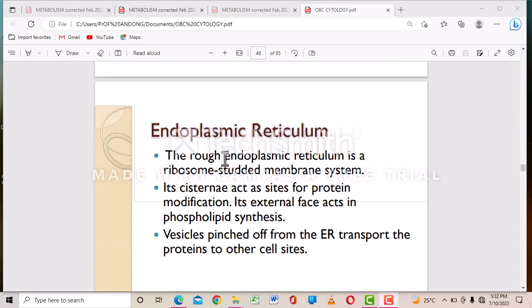Now, the rough endoplasmic reticulum is actually involved in folding of proteins formed from the ribosomes that are found bound to them. Now, these folded proteins are actually enclosed into vesicles and are exported to the Golgi apparatus, where it is the center of distribution.